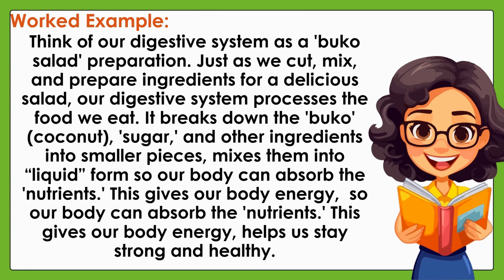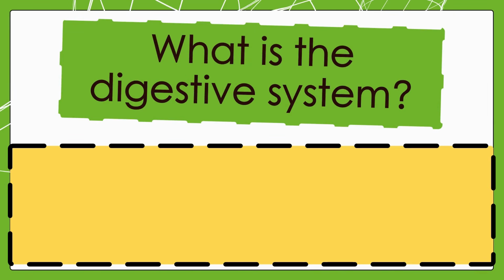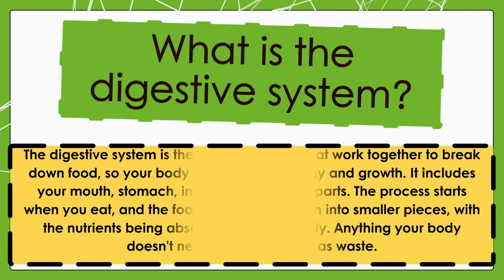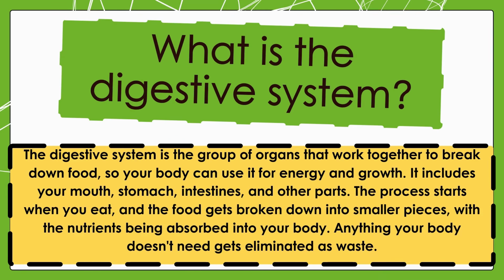This gives our body energy and helps us stay strong and healthy. What is digestive system? The digestive system is the group of organs that work together to break down food, so your body can use it for energy and growth.